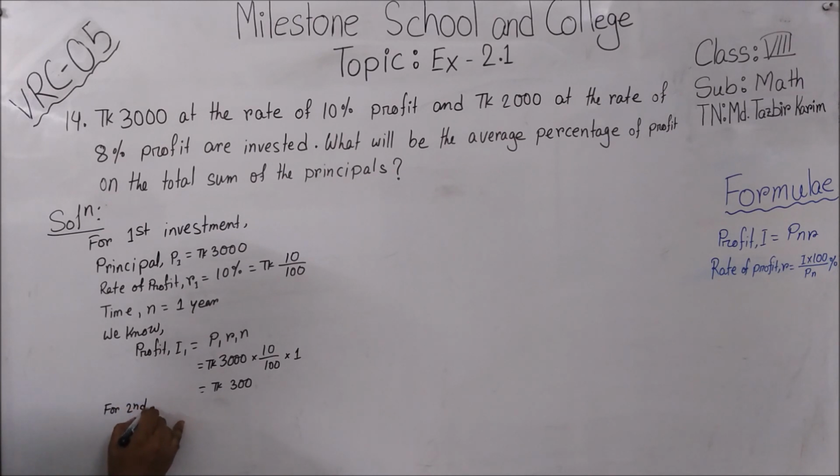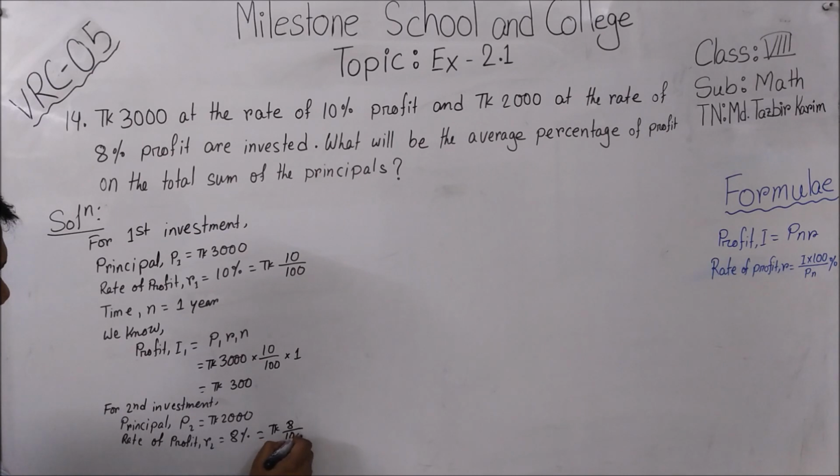Our second investment, principal P2 equal to taka 2000, rate of profit R2 equal to 8%, that is 8 by 100, time n equal to 1 year.